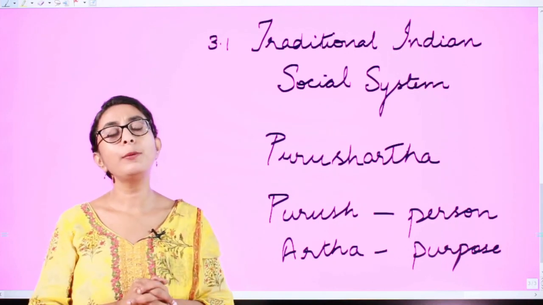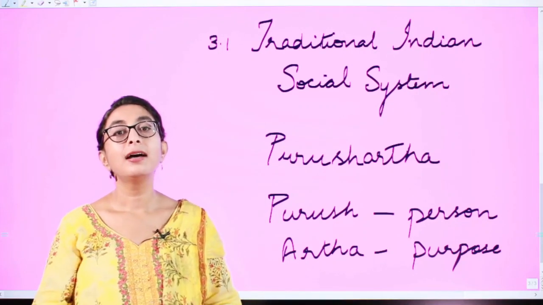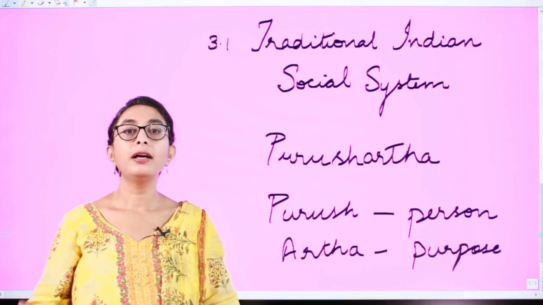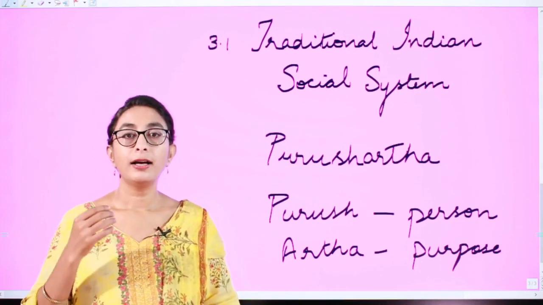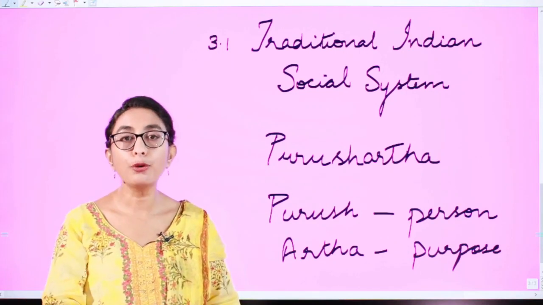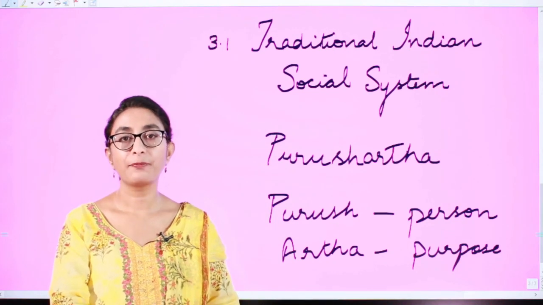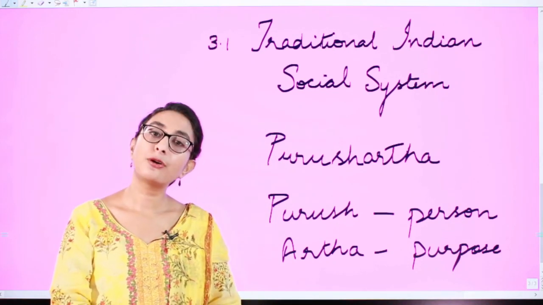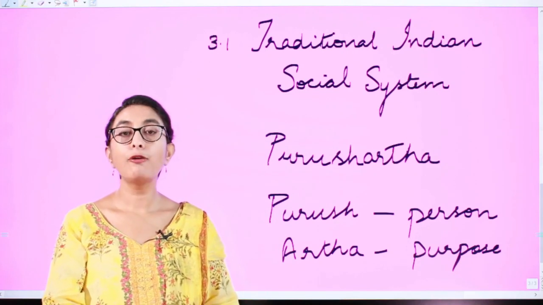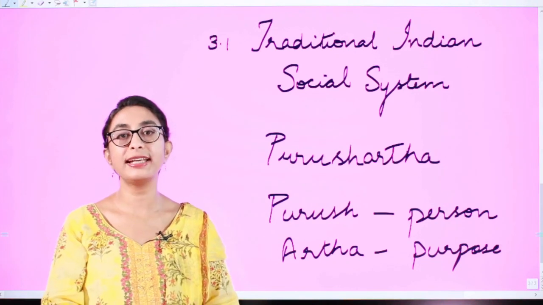So this is a very important word in Hinduism, which means Purushartha means the four goal orientations of life. That is, in Hinduism, there are four goals which every Hindu should follow. Those four goals of life are called Purushartha. Okay, did you understand? So, according to Hinduism, every Hindu is supposed to follow four important goals or aims or goal orientations in life.